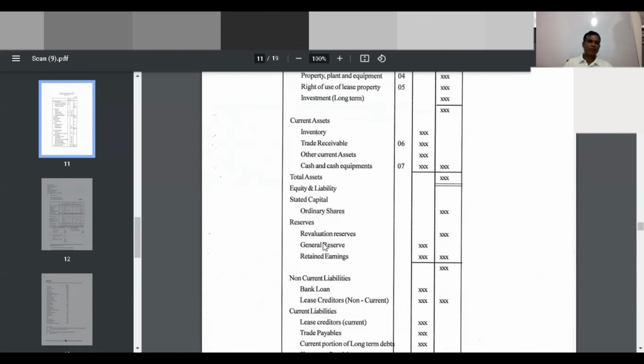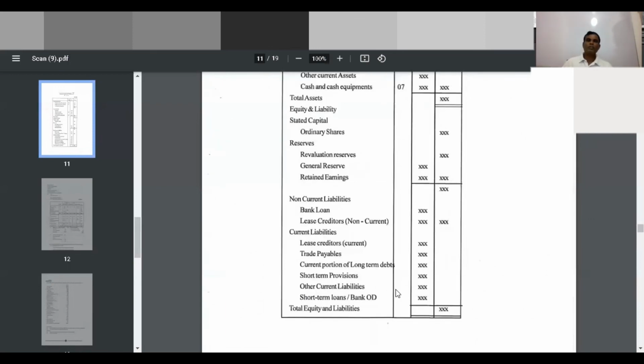Then current liability and non-current liability: bank loan, lease creditors with non-current portion and current portion, trade payables, current portion of the long-term debt. That's all. Then you see equity and liability should be equal to total of assets. Right. Now, shall we start the next sum?